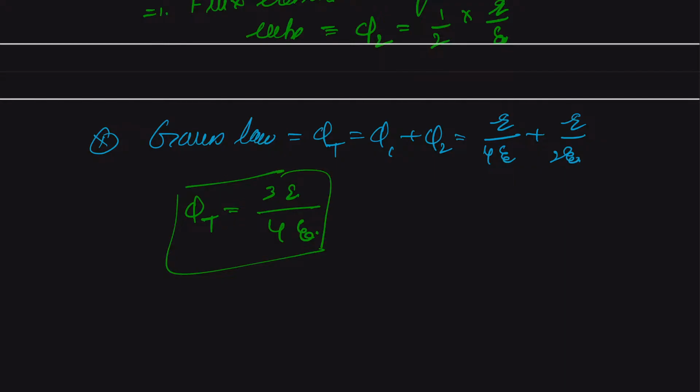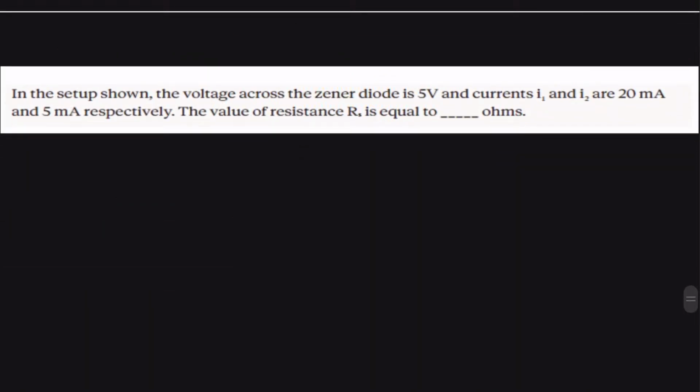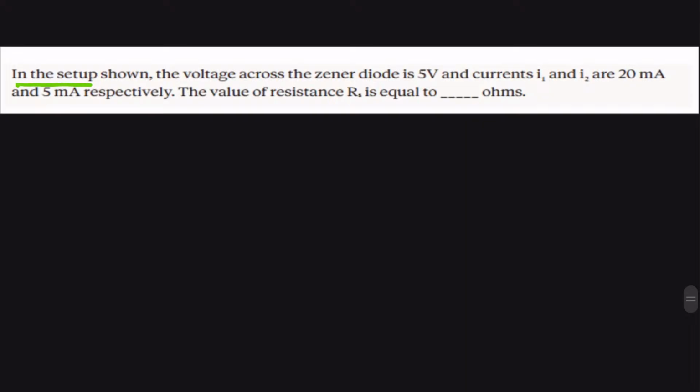Next question. It states that in the setup shown, the voltage across the zener is 5 volt, currents I1 and I2 are 20 milliampere and 5 milliampere respectively. The value of the resistance RS in ohms is given as.